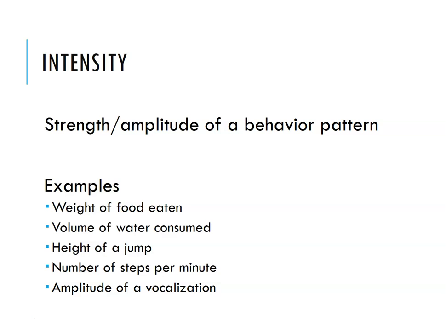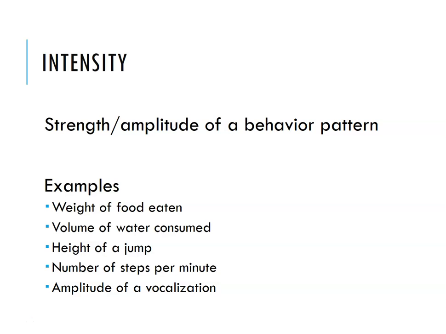So some examples of this are like looking at foraging, but looking at how much food was eaten. So if you put out 50 grams of a particular food, did they eat all of it or did they eat a little bit of it? That's sort of the intensity of the behavior.